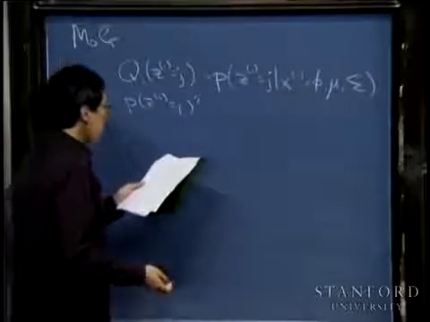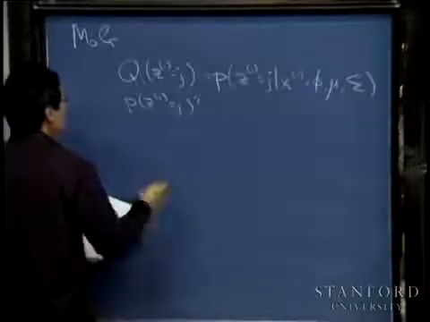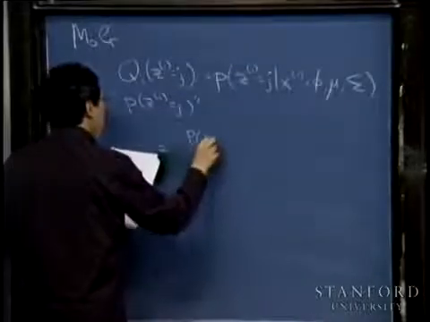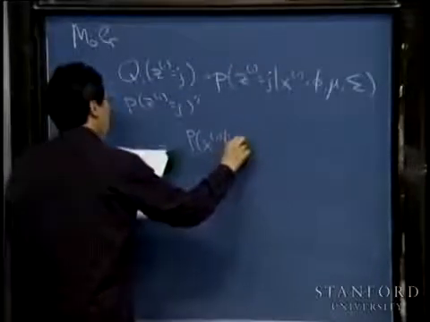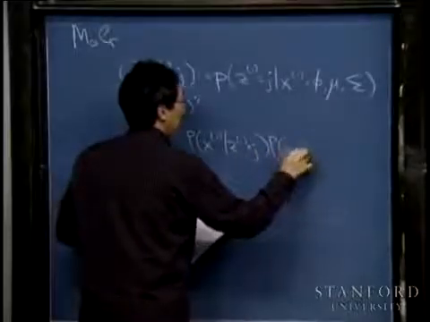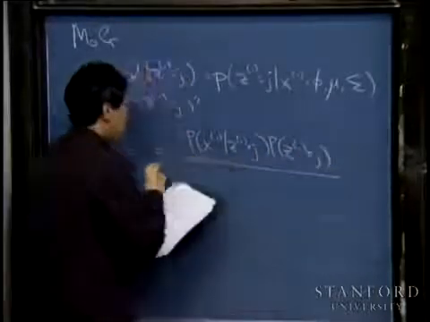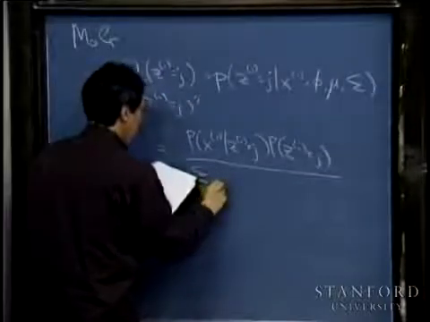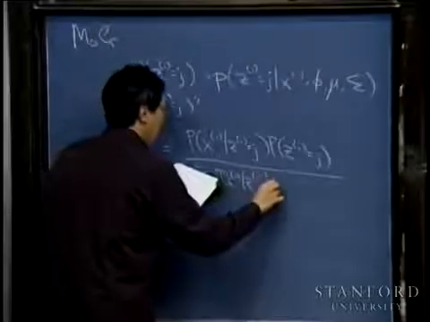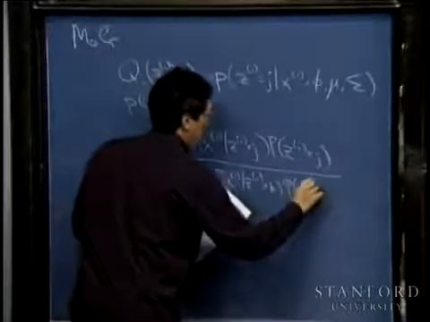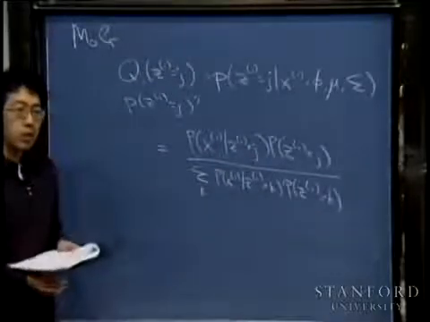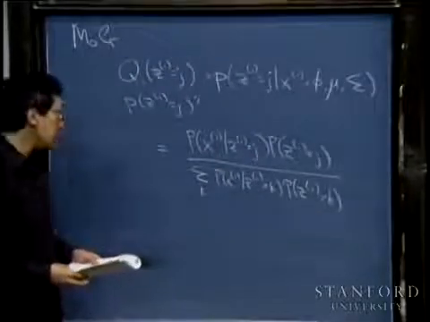The way you compute this is via Bayes' rule, right? That is going to be equal to P of xi given Zi equals j times P of Zi equals j, divided by the sum over all values of Z. That's by Bayes' rule.